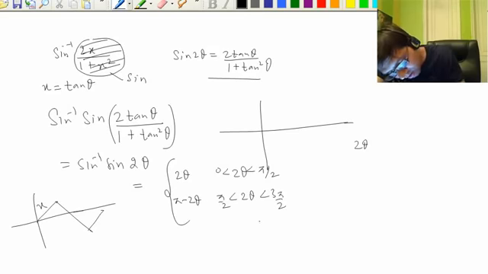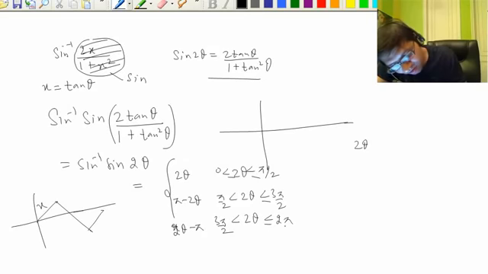I'm just applying the same. And for 2 theta greater than 3 pi by 2 and less than 2 pi, it is 2 theta minus 2 pi. Then you have to just replace the values. Replace theta by tan inverse x, from here, tan inverse x everywhere.